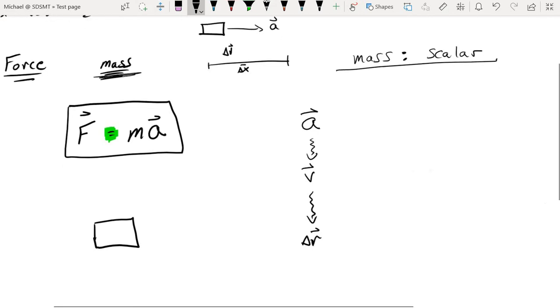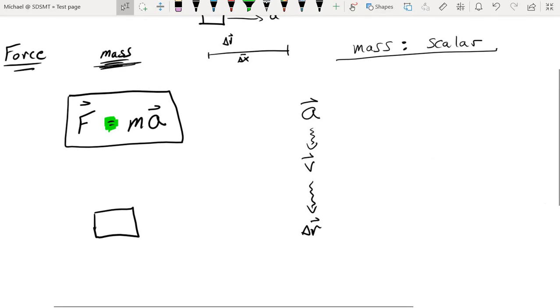Mass does not have a physical direction. And in our discussions on vectors, we learned that if we multiply a vector by a scalar, it does not change the direction of the original vector, it just changes the magnitude. And so whatever direction we have for our force, that is the direction that our object will begin to accelerate.